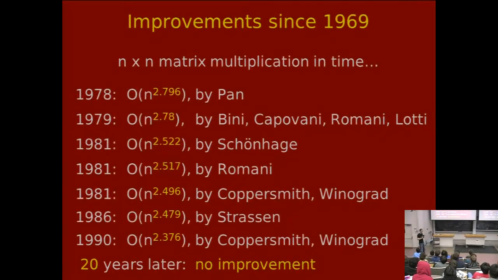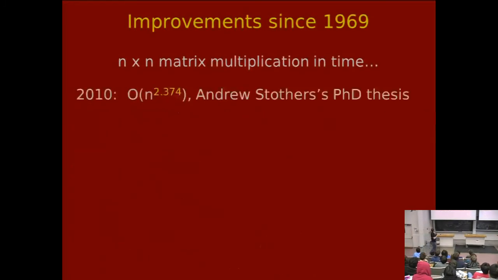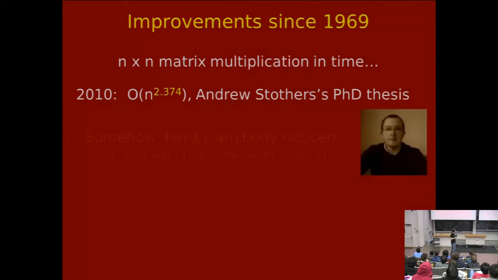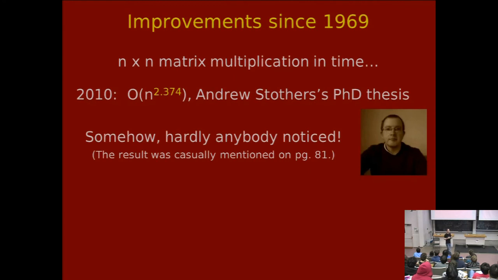Then something kind of amazing happened. There's a Scottish guy called Andrew Stothers, and in 2002, he beat it. He got 2.374. He wrote it in his PhD thesis, but he didn't put it anywhere in his introduction or his abstract. He just casually mentioned it on page 81, in the middle of some computations. And then he stopped doing math. He does business now.